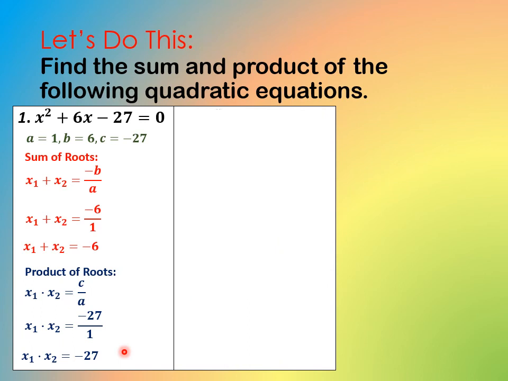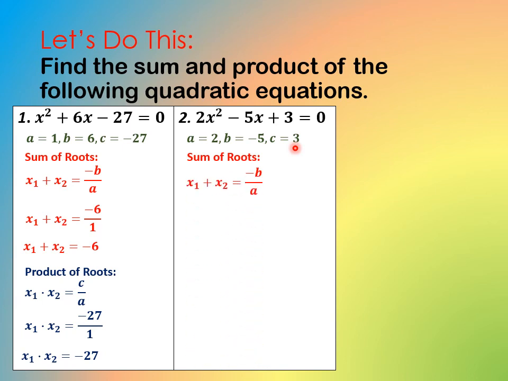Number 2. We have 2x squared minus 5x plus 3 is equal to 0. Determine the values of A, B, and C. A is 2, B is negative 5, C is 3.